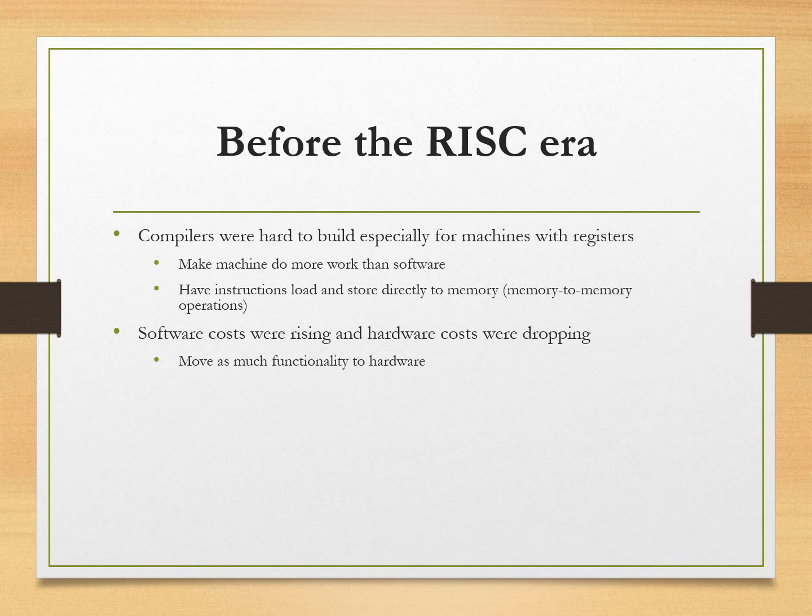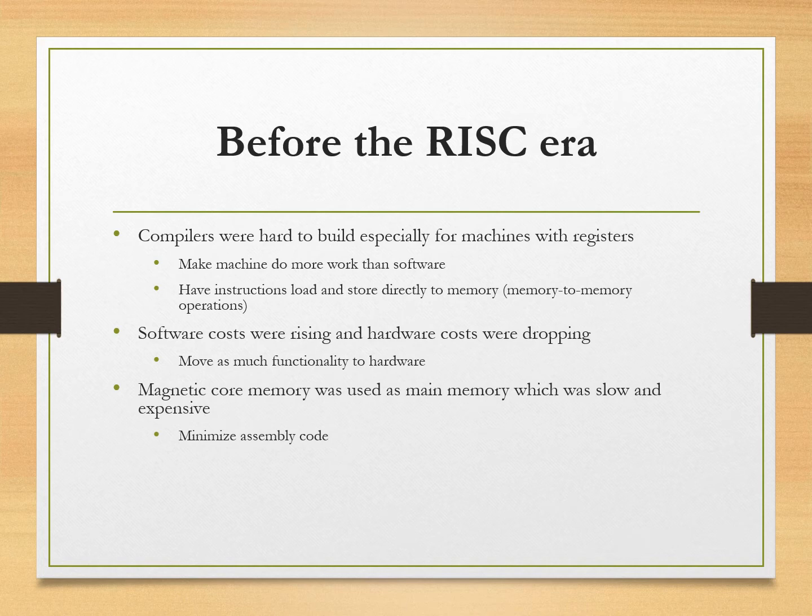Once the requirement for the software is high, the cost rises. And at the same time, the hardware cost will drop as more functionality is moved to hardware. We were depending on the hardware. Magnetic core memory was used as main memory, which was slow and expensive.